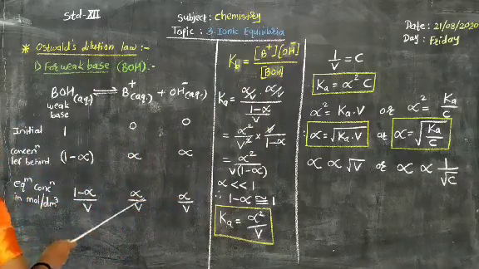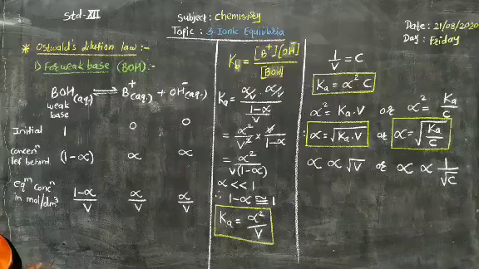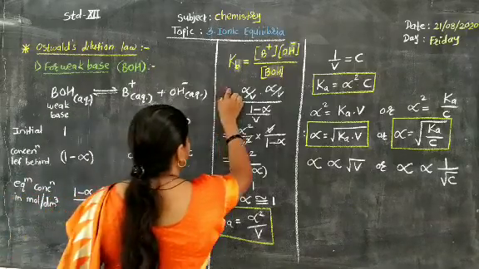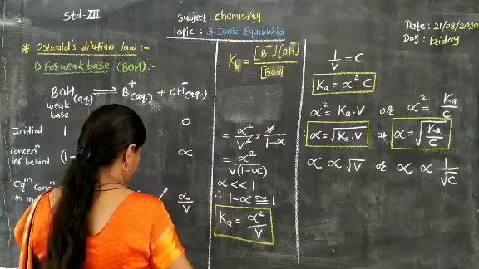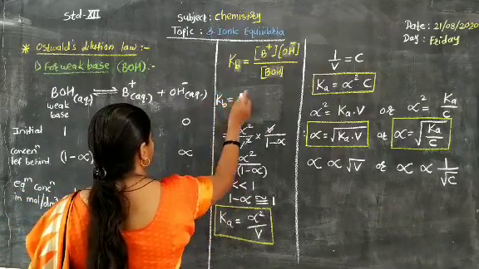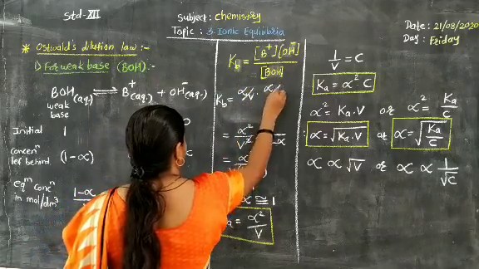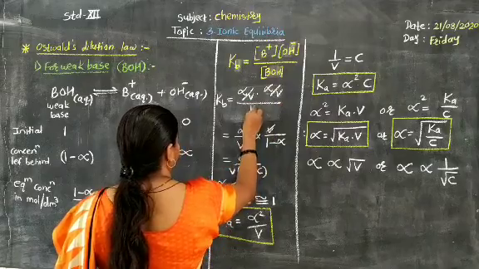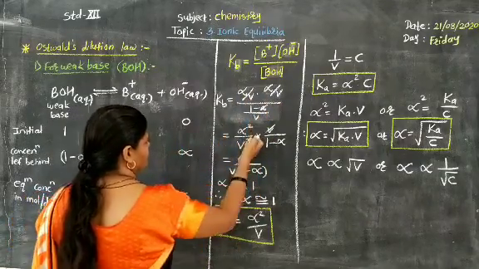Let us substitute the values of equilibrium concentrations in this formula. Then we get the relation as Kb is equal to alpha upon V into alpha upon V divided by 1 minus alpha upon V. Calculation will be the same.